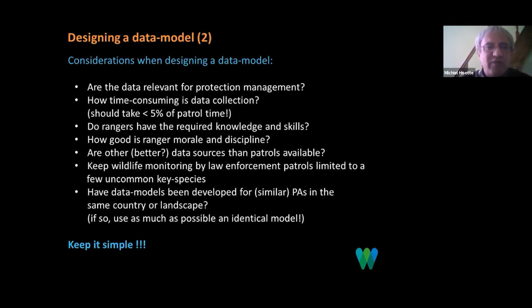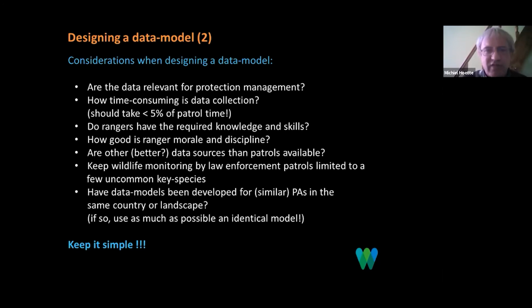Sounds obvious, but very often things like earthquakes or tsunamis or storms or all kinds of things that cannot be controlled in any way are included in the data model. And I would argue that unless there are really good reasons to do so, you better not include this kind of data.